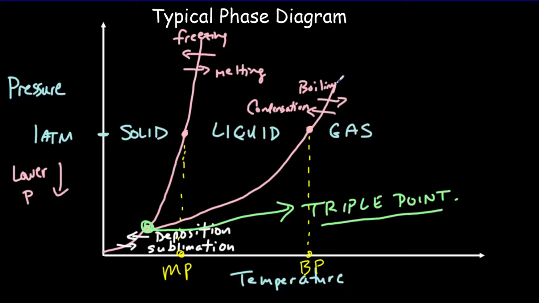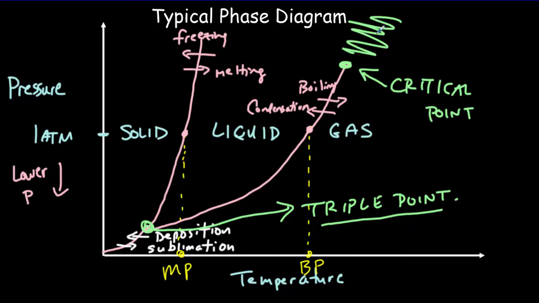And it turns out that if you get your pressures and temperatures high enough, you can reach what's called a critical point. And once you're beyond that critical point, anywhere out here, you get what's called a supercritical fluid. Now remember, fluids can really be liquids or gases.